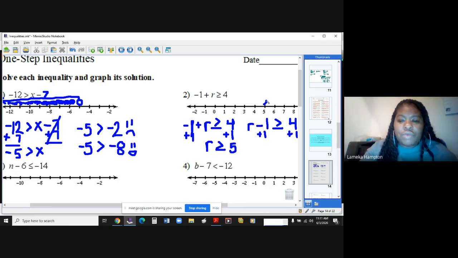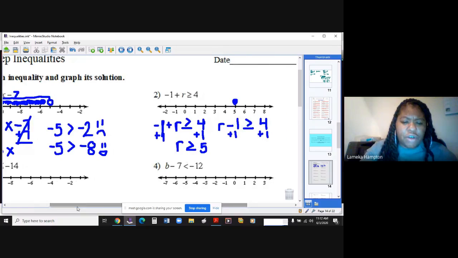This also lets me know that this answer is included as a part of my solution, whereas number one is not. -5 was not a part of my solution. Okay. So hopefully that makes sense. And if it doesn't, just let me know.